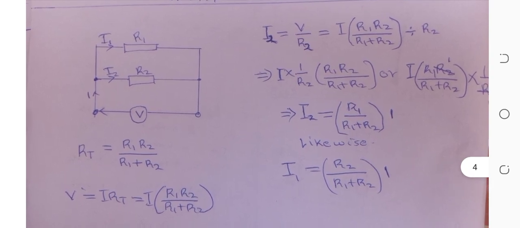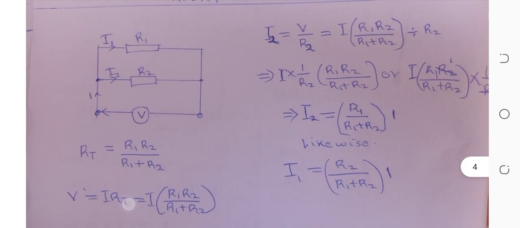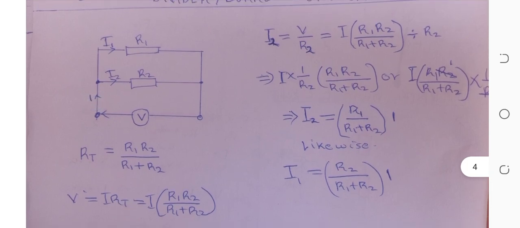To find the total resistance, we take R1 multiplied by R2 divided by R1 plus R2. Then V is equal to I RT. That is the total current I, this I, times the total resistance.